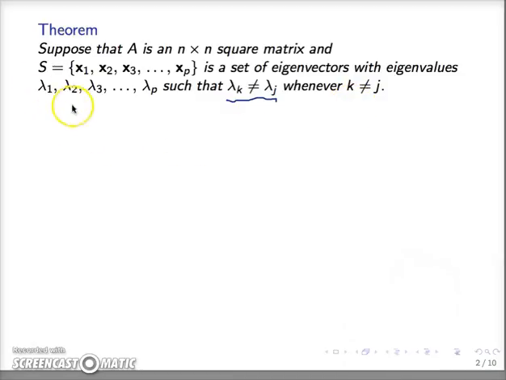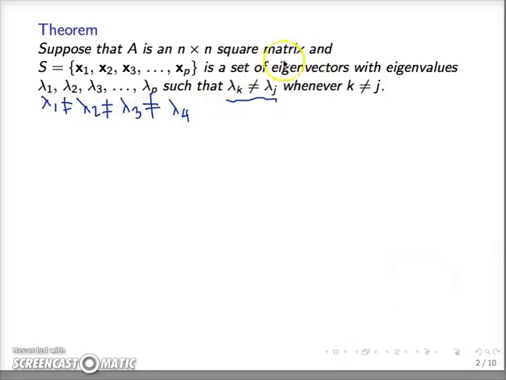It means that lambda 1 is not equal to lambda 2, and lambda 2 is not equal to lambda 3, and lambda 3 is not equal to lambda 4. That is because 1 is not equal to 2, 3 is not equal to 4, 2 is not equal to 3, and so on. Right?